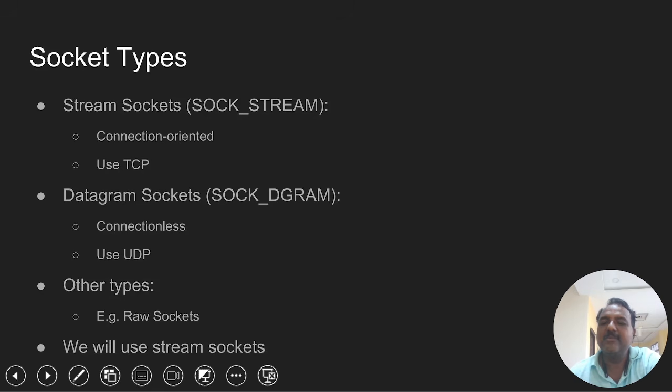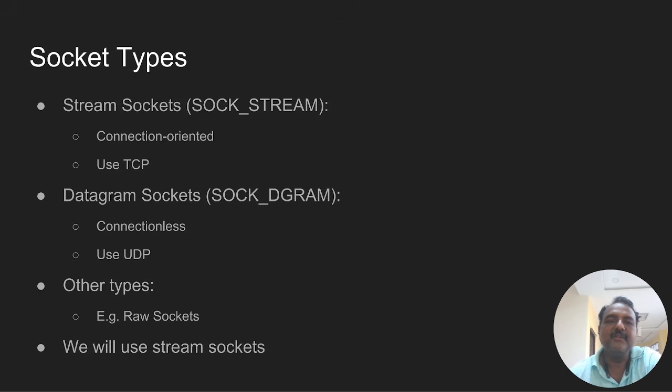Now we'll see how many types of sockets we have. Generally we have two types of sockets. The first type is the stream socket, and the second type is the datagram socket.